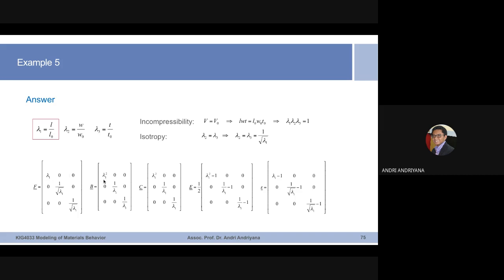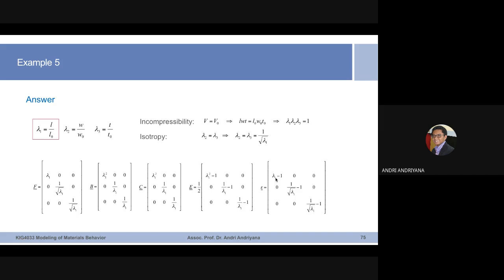What is the meaning of tensors B and C along the direction of stretching? It is simply the square of lambda 1. What is the meaning of E? Large E is simply half of lambda 1 squared minus 1. The easiest thing to understand is the engineering strain tensor: if we impose a stretch lambda, then the engineering strain is equal to lambda 1 minus 1.